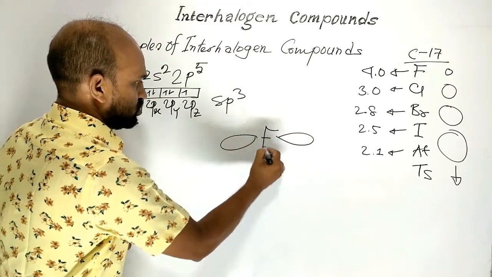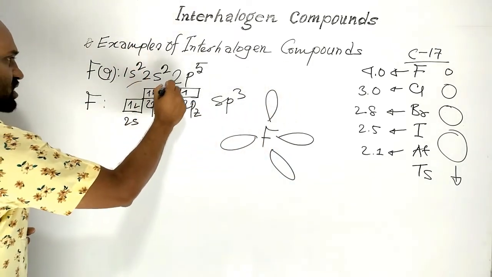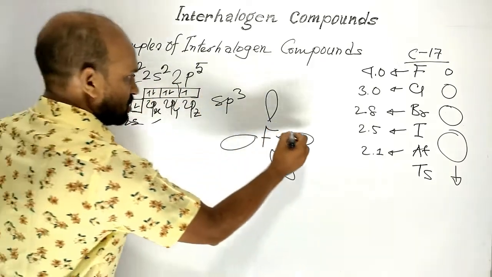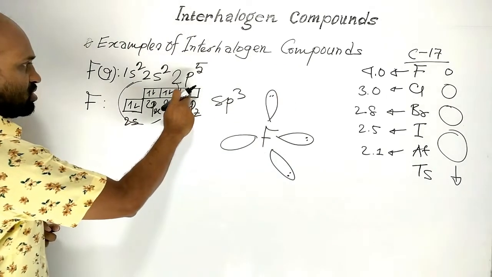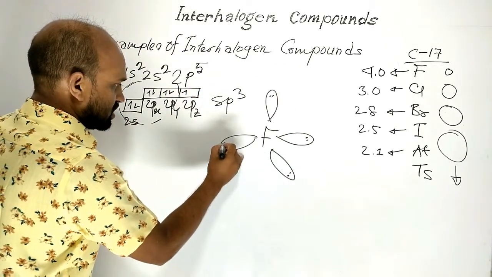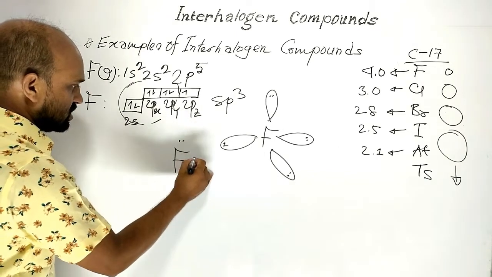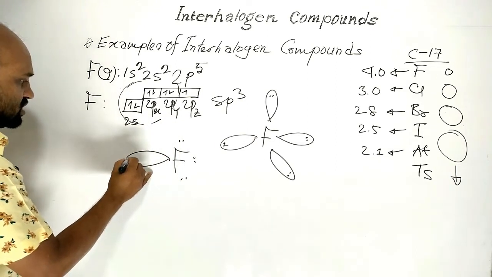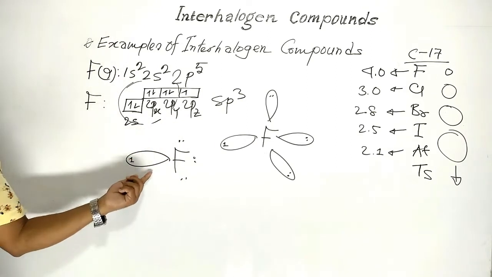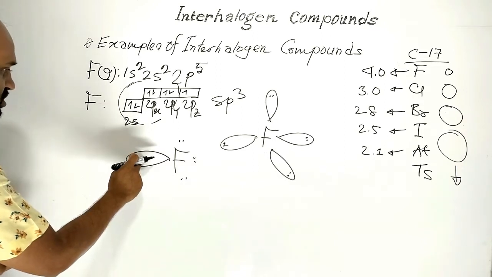Here 3 orbitals contain 1 electron pair each and 1 orbital contains unpaired electron. Simply we can show that fluorine has 3 pairs of electrons and this is unpaired electron in the sp3 hybrid orbital. Fluorine forms bond with this sp3 hybrid orbital.